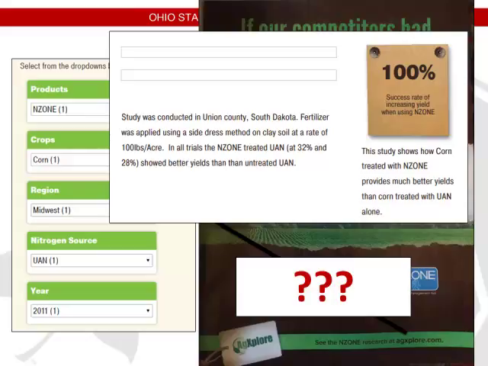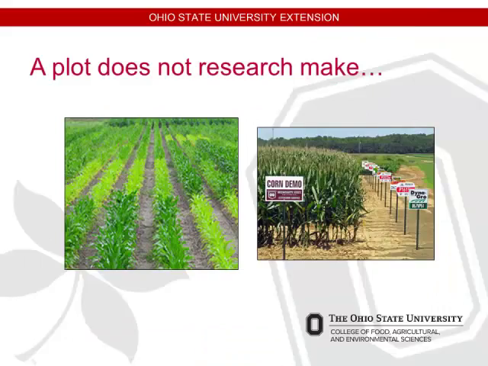There is data. They told us how they conducted the experiment, so those are positives, right? So here it gets a little tougher to tell. And I think this is why it's important to understand that just because it's a plot doesn't mean that it's research. And I think there's a clear difference when we start looking at some of the trials like what Jim was talking about earlier and some of those demonstrations that I was describing previously.